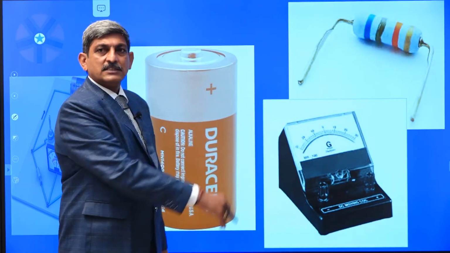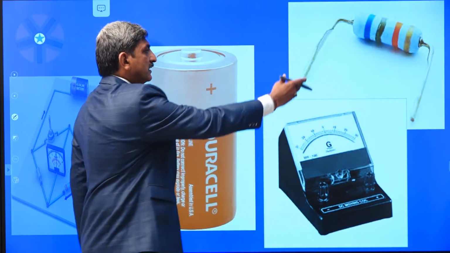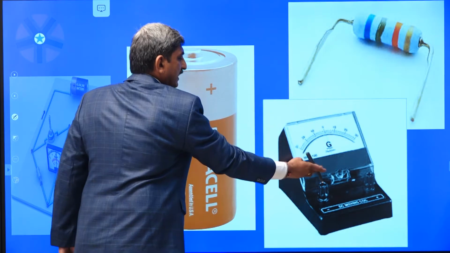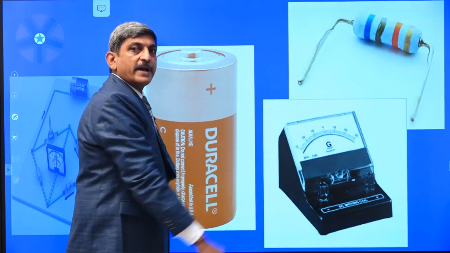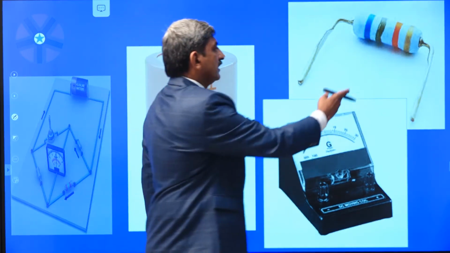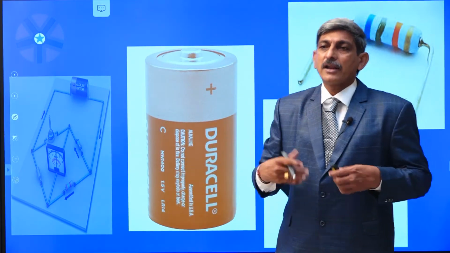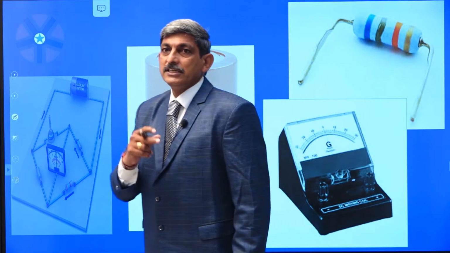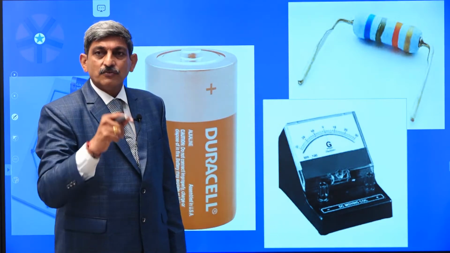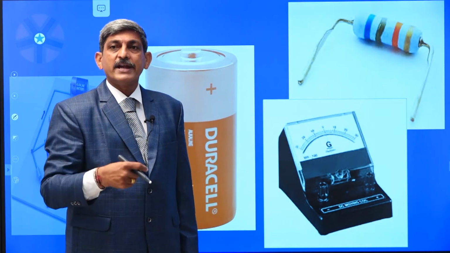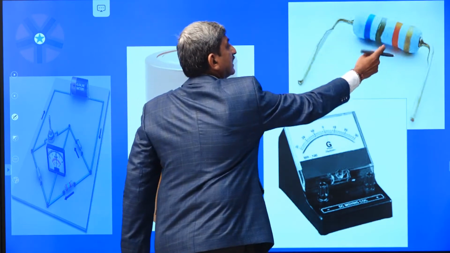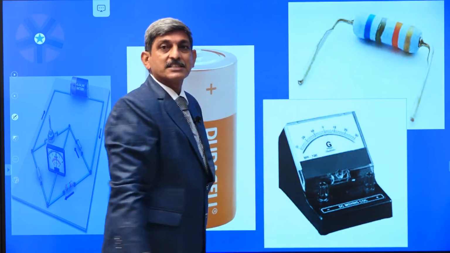There are a resistor, galvanometer and battery. If you open the backside of your TV or radio, you may see the colorful elements which have colorful bands like this. That element is nothing but a resistor.